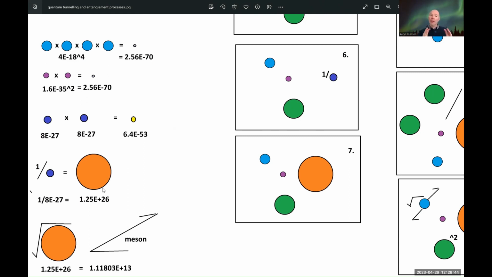We can see then an inversion of 8e to the negative 27 gives the 1.25e to the plus 26. The interesting thing about the big orange sphere is that the square root of that is 1.11803e to the plus 13, and that's in the right range for meson energies. So all of a sudden, the numbers are corresponding to a meson field.